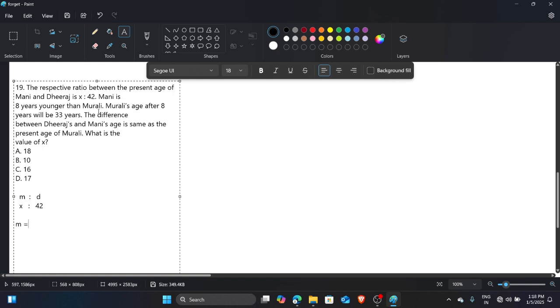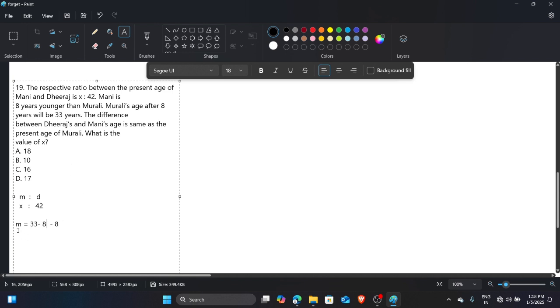It means if the Murli age is something, suppose Murli age is this, then you have to subtract 8 from it because Mani is younger. Murli age after 8 years will be 33. If the Murli age after 8 years is 33, then its present age is nothing but 33 minus 8.